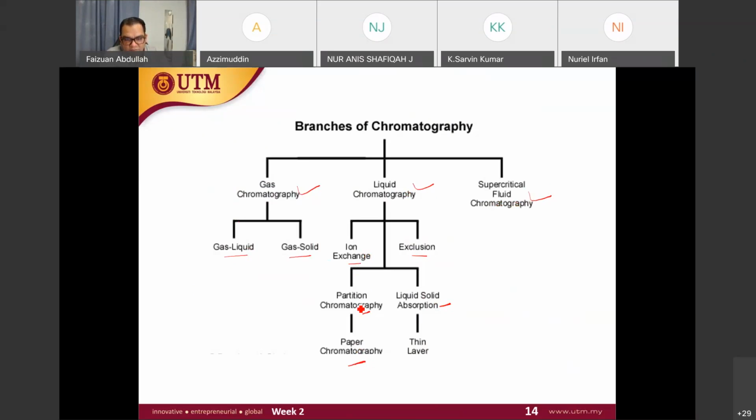Under the liquid-solid adsorption we have thin layer chromatography. This one is the concept that you will use in the activity that I asked you to do. And supercritical fluid is on its own. The most common instruments that we will use in industries are gas chromatography and liquid chromatography, right?